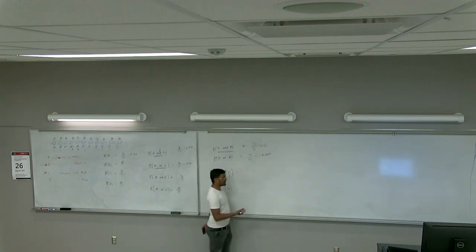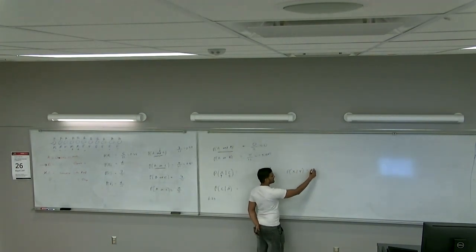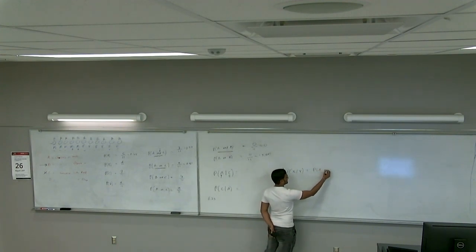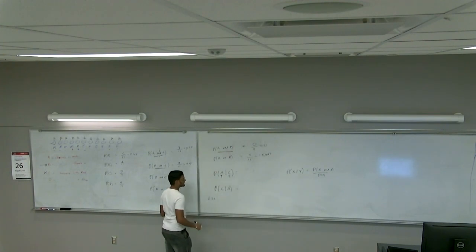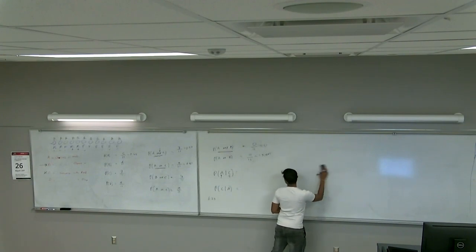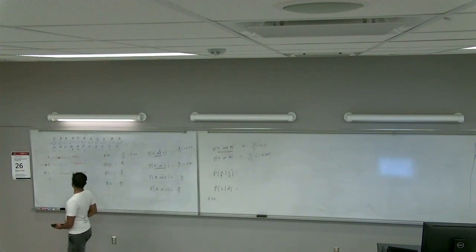Now we do have a formula: the probability of X given Y is equal to the probability of X and Y divided by the probability of Y. But without even using this formula, we can calculate the probabilities just by looking at the domain. For that, we have to correctly understand what A given C means.